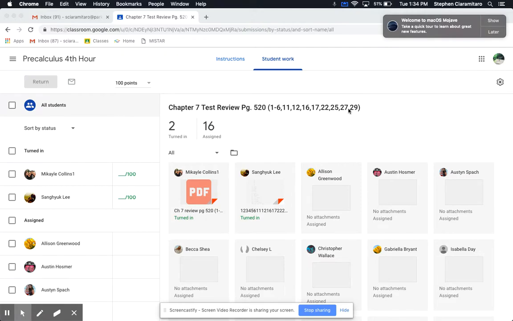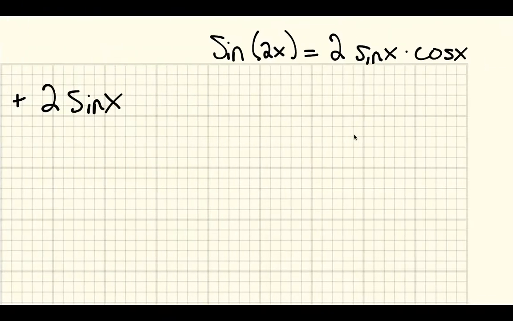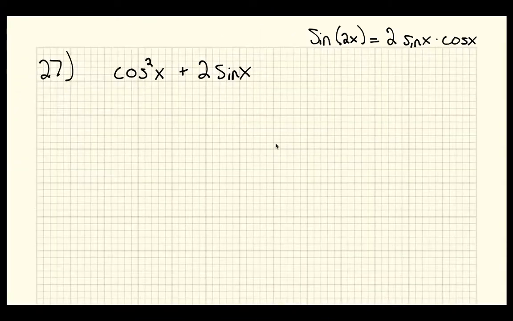Looks like this. Okay, sine 2x equals 2 sine x times cosine x. This is one of our trig identities, which you memorize to help us use.